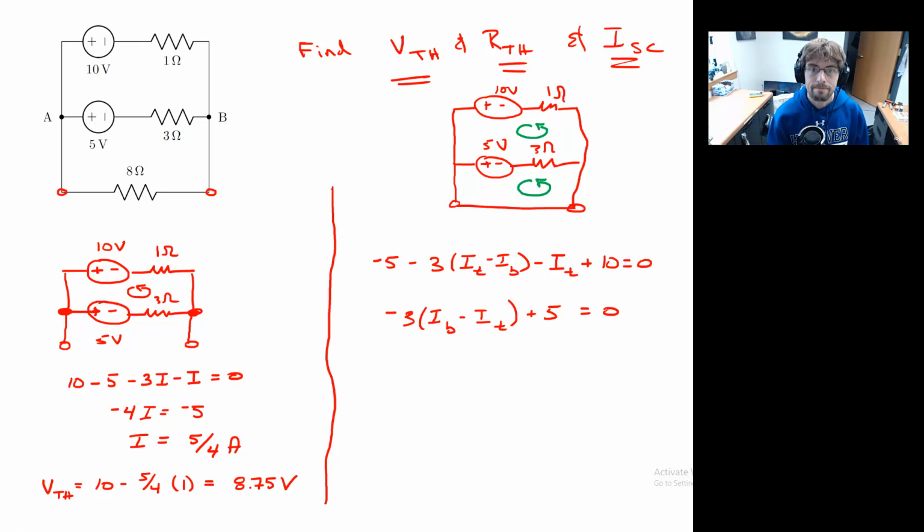So if we plug these into our matrix and do our algebra, what I have at the end of the day is that the top current is 10, and the bottom one is 11.6 repeating.